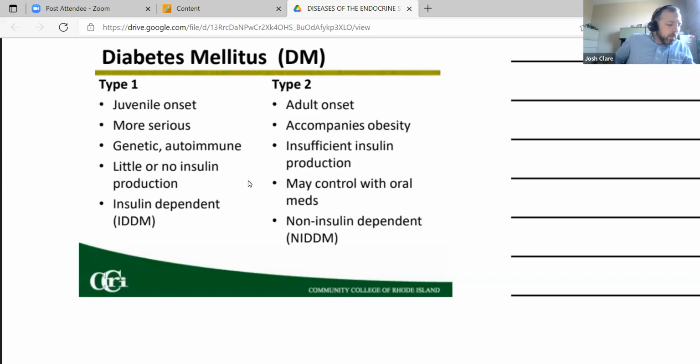Type 2 diabetes is possible to control with diet or with oral medications, also referred to as non-insulin dependent, NIDDM. Oftentimes losing weight, exercise, or just simply giving birth can get rid of the gestational diabetes.